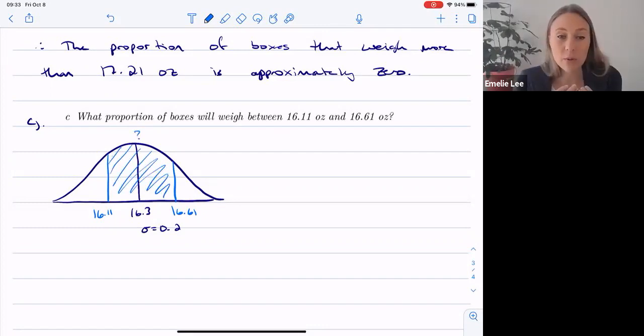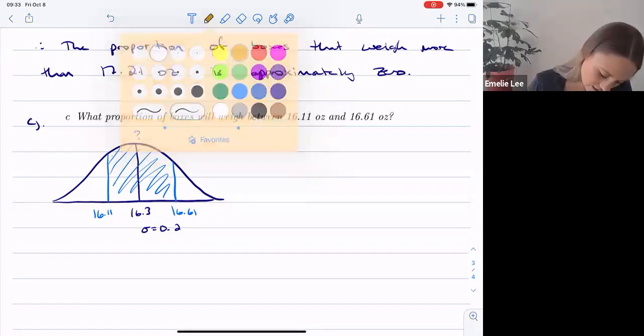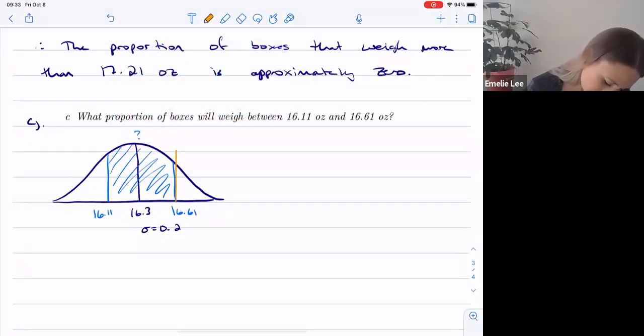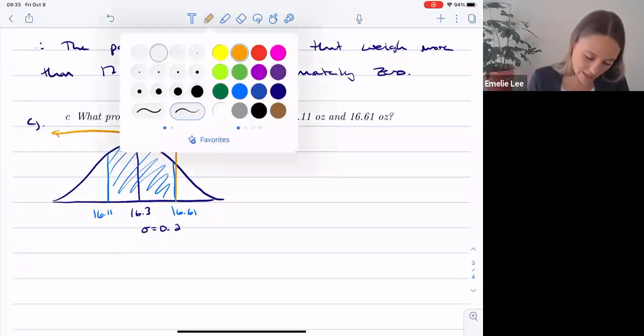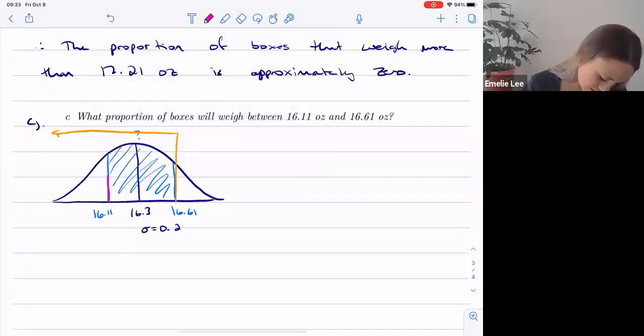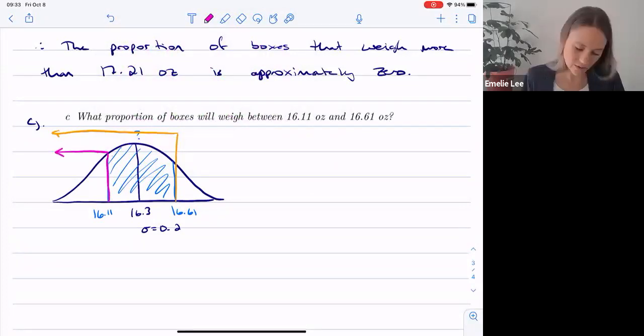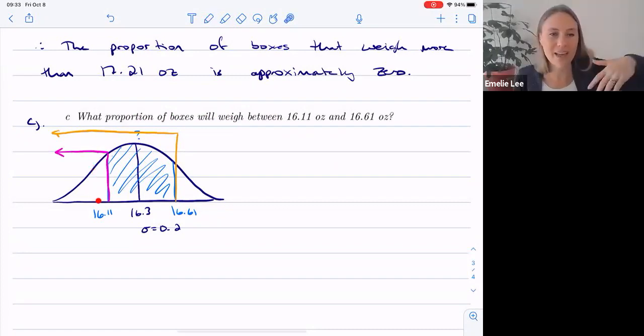There are lots of ways that we can find that area. My preferred way is to take the area to the left of this upper bound, and then take the area to the left of this lower bound, and lop that off.